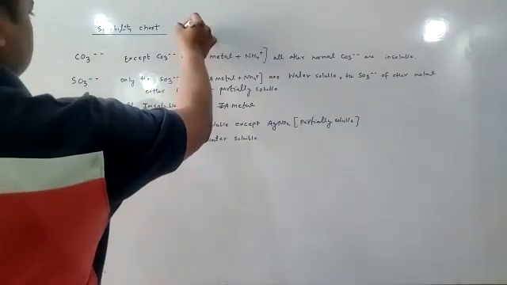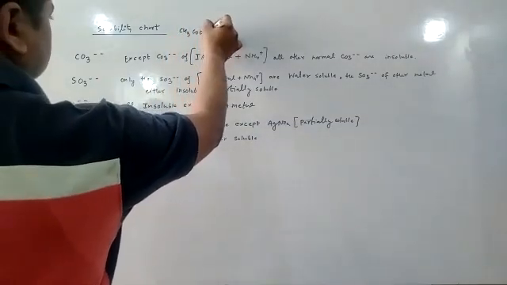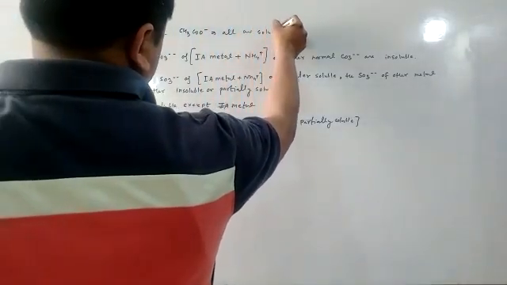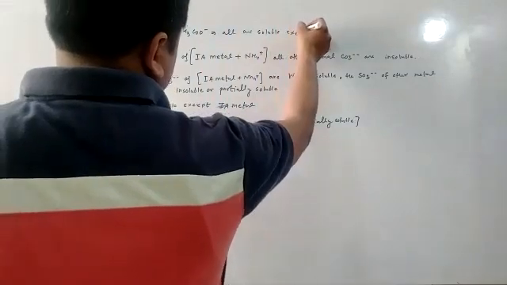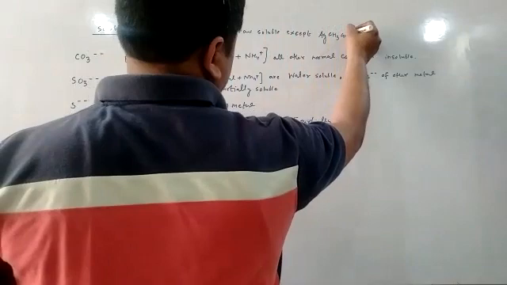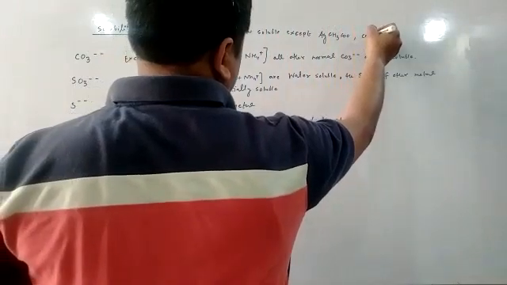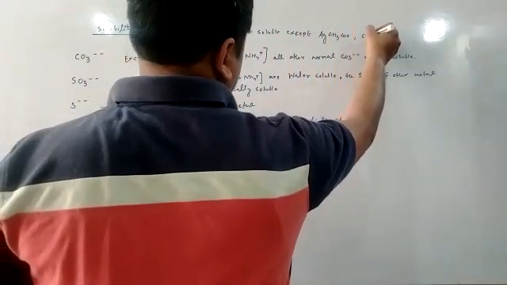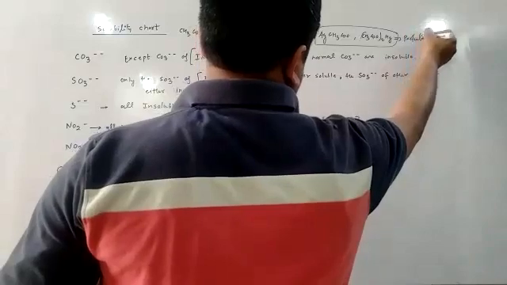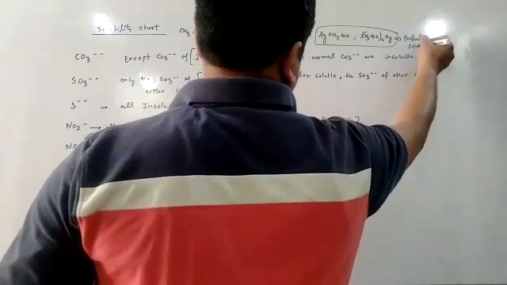So you can write down acetate here. All are soluble except Ag acetate and mercury 2 acetate, partially soluble.